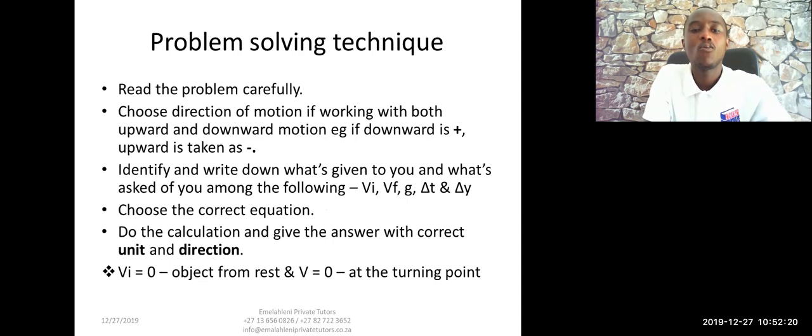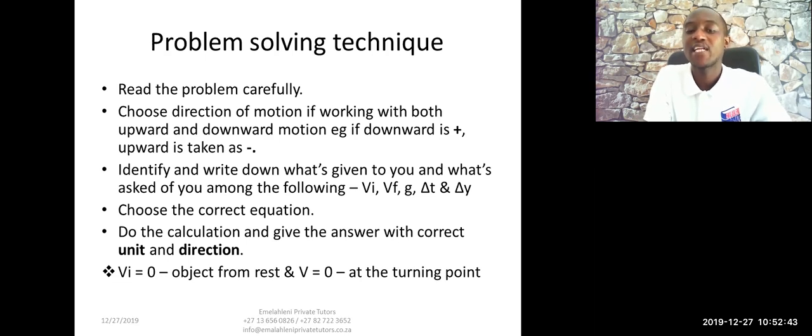Now, what you need to do in order to tackle equations, okay? You must read the problem carefully and choose the direction of motion. If you're working with both upward and downward, you must be able to tell which one is positive and which one is considered negative.